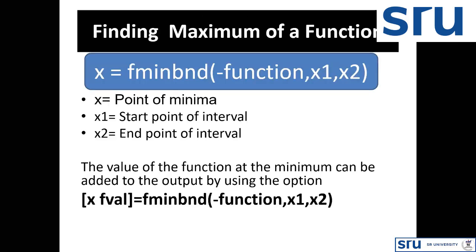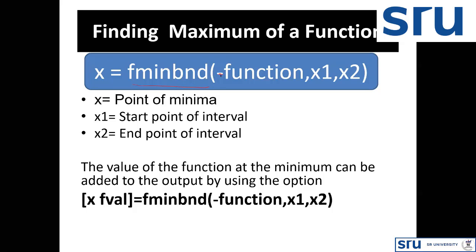After that, you have to find the maximum value of the function. Here in MATLAB, there is no specific command for finding the maximum, so you use the minimum command. In that case, you have to use the same command, fminbnd. The same command will be used, but in that function you have to reverse the function's sign.